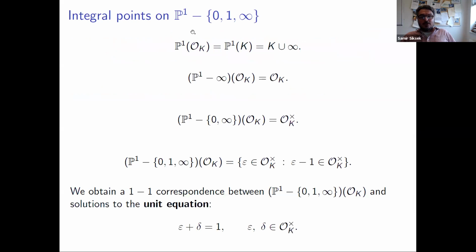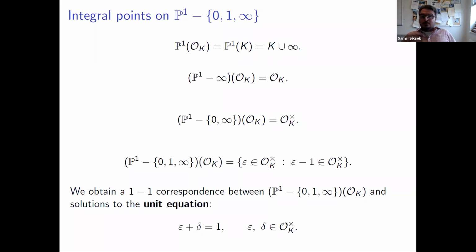So maybe if you haven't seen this before, it's worth looking at what the integral points on P1 minus 0, 1, and infinity are. Well, if you start off with just P1, then the integral points are the same as the rational points, so that's K together with infinity. But when you subtract infinity, you want to remove all of the elements of K that reduce to infinity modulo any prime.